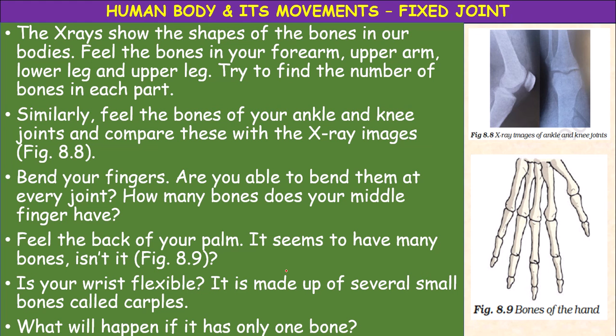What will happen if it has only one bone? You can't move it flexibly. We can't grip anything. Those small bones and small joints help us to move and bend the fingers. Okay, flexible movements are possible.